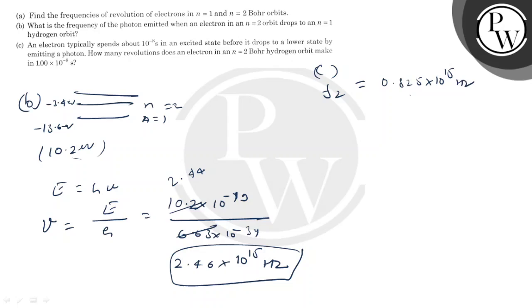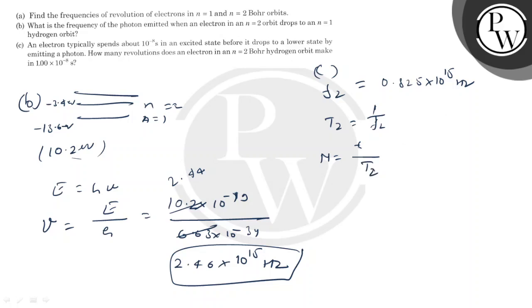And here T2 equals 1 upon F2. The number of revolutions is the time divided by the time period.